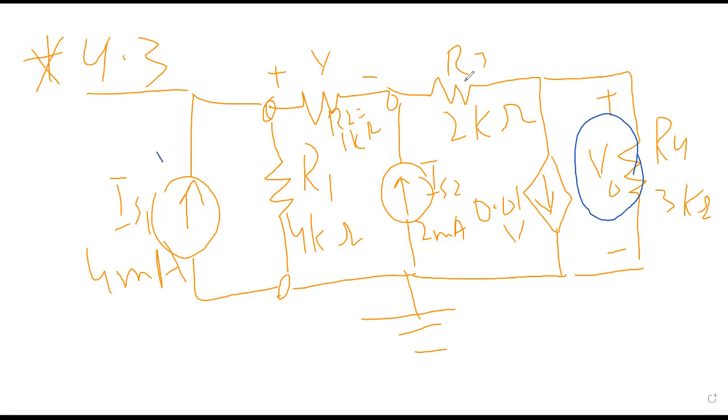When there is IS1, there is no IS2, but there is a dynamic voltage. When there is IS2, there is no IS1, but there is a dynamic voltage. So we have to make two circuits for this equation. So let's start.